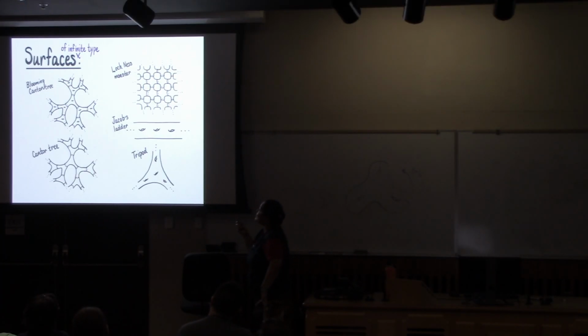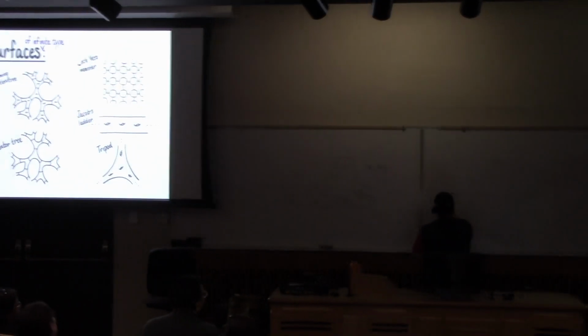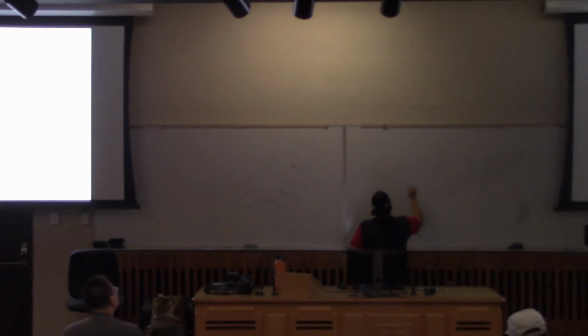But the other reason I do this is because this is a nice hint about the classification for infinite type surfaces. This might not immediately look like a surface, or like this surface in particular.